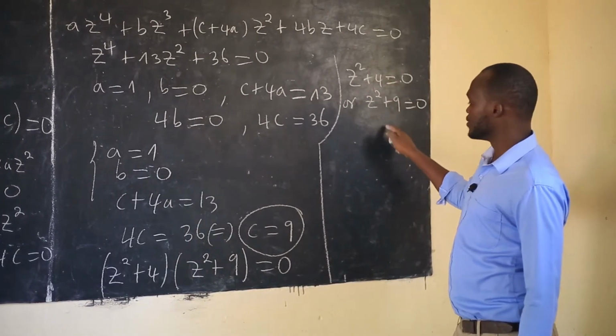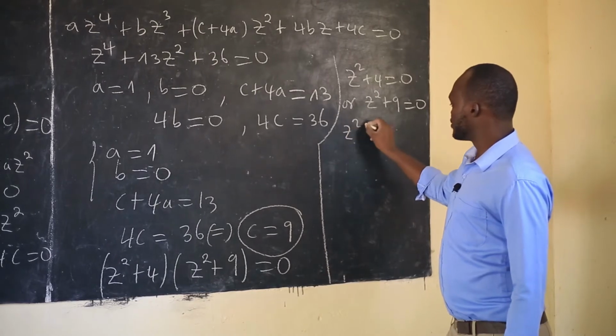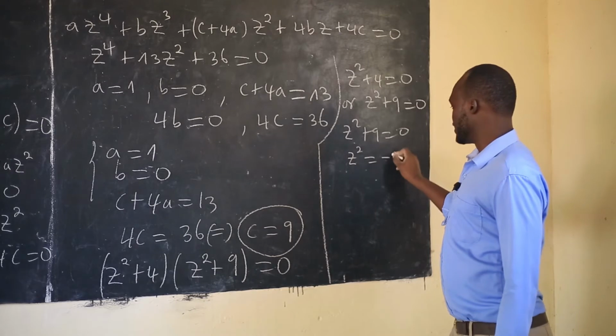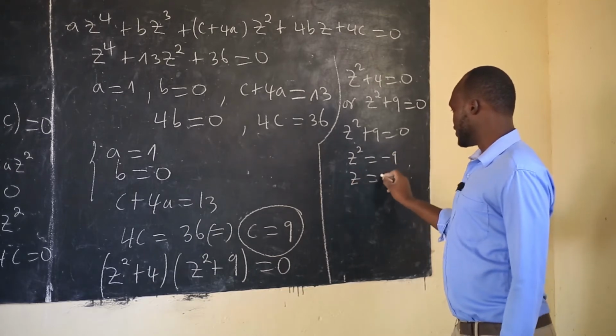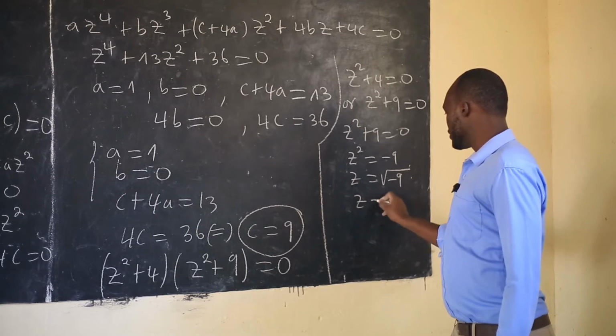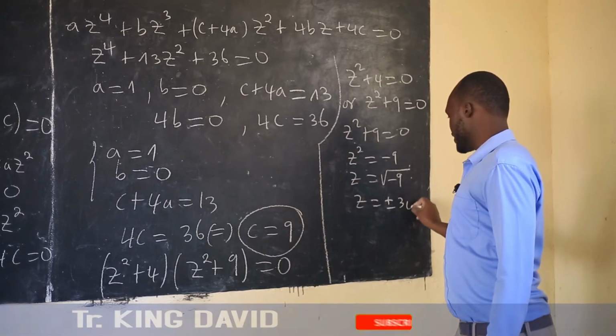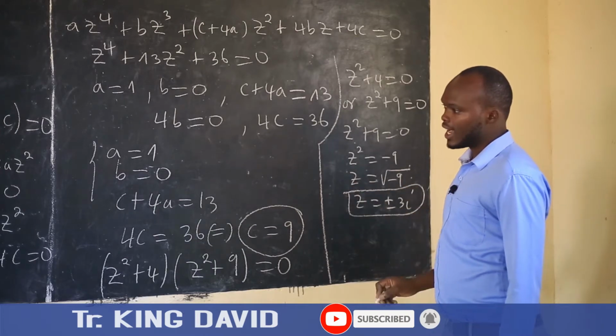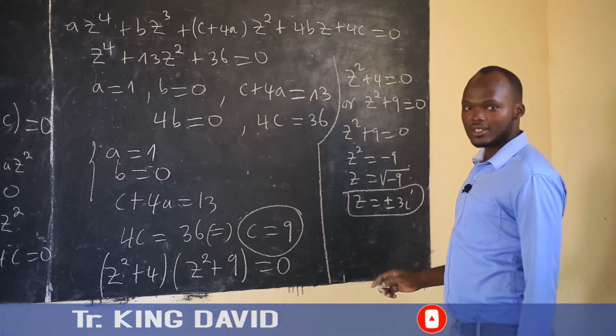Then we're going to use this one, z squared plus 9 equal to 0. z squared equal to negative 9. z will be square root of negative 9, and negative 1 is i squared. So z will be plus or minus 3i. So there is plus or minus 3i, and there is also plus or minus 2i.